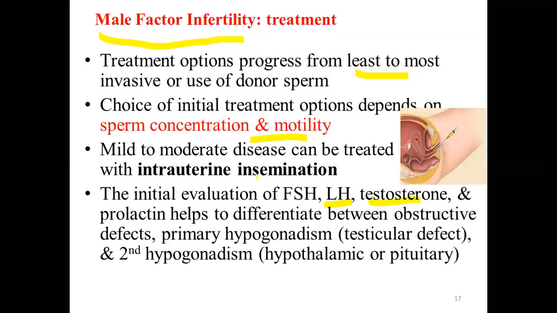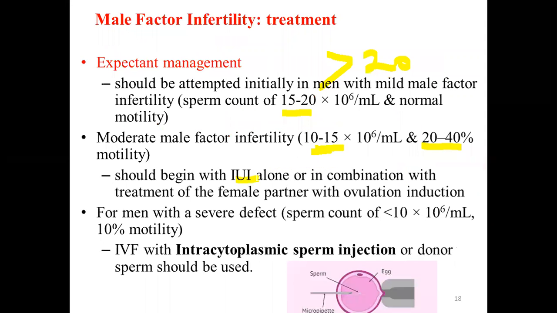We call this intrauterine insemination. Or along with intrauterine insemination, you can give the female partner ovulation induction medication to induce ovulation, which can also work.